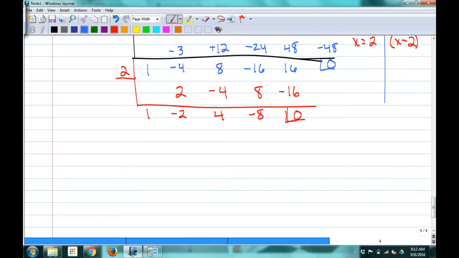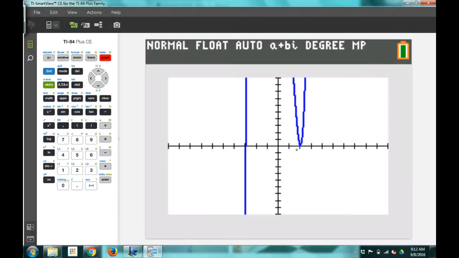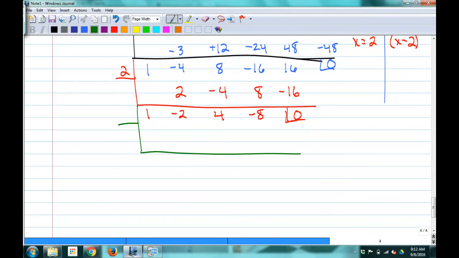So I'm going to run synthetic one more time with that 2. And again, the reason I can use that 2 is because right there it's bouncing off the x-axis, so we know it has a multiplicity that's even. Again, odd multiplicity, you really can't see it, because odd multiplicity is going to do what with the x-axis? It's going to cross it, go through it.